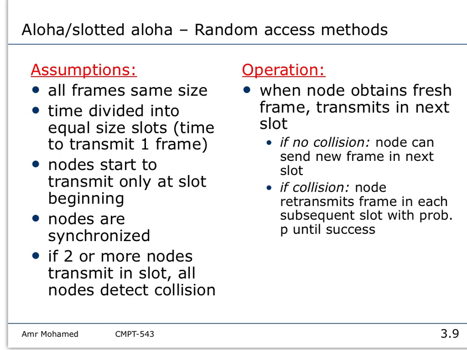So in many cases we use acknowledgement. Based on the acknowledgement or negative acknowledgement, we detect that there is an error. Error because of collision or because of anything else, we don't know. But in all types of error, I need to retransmit.